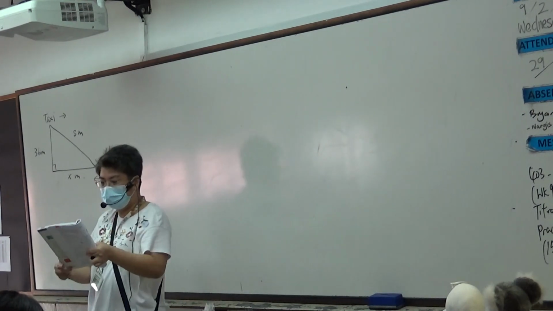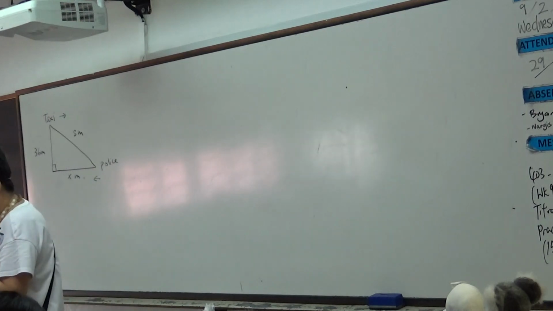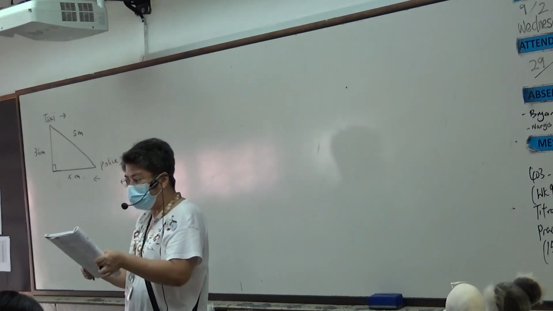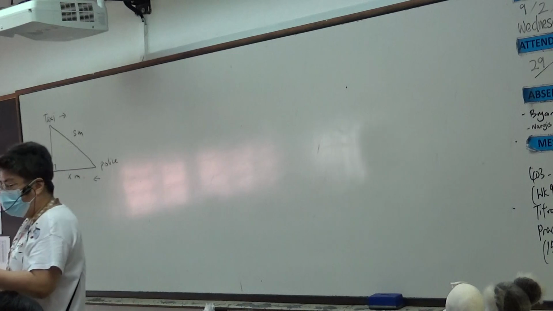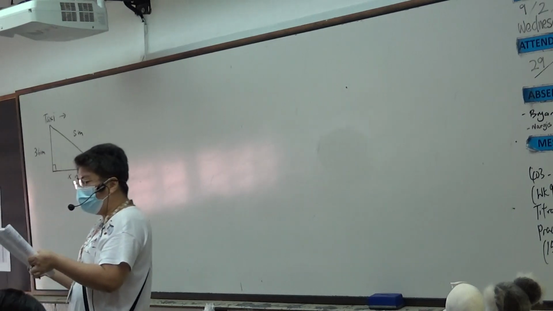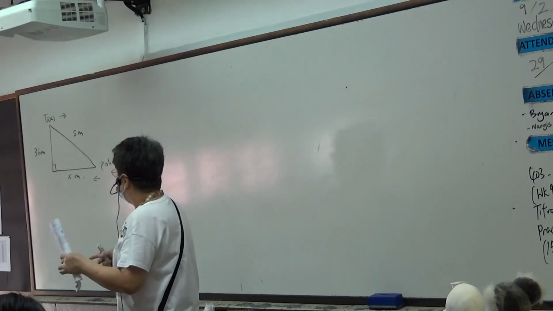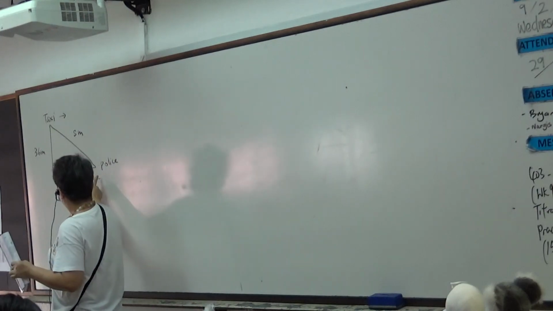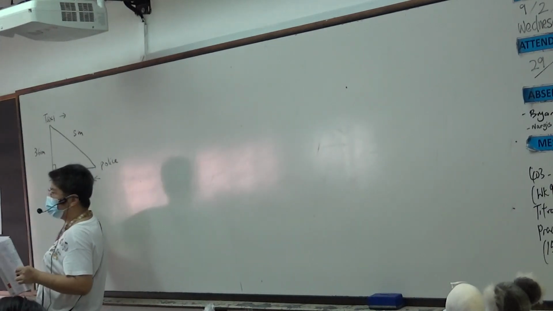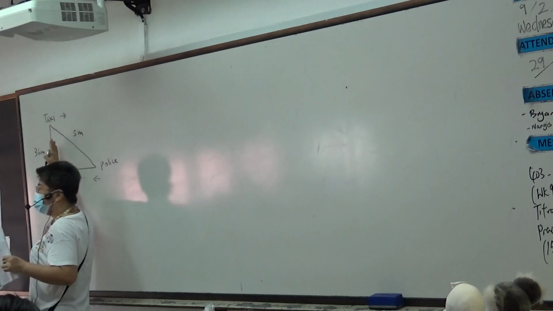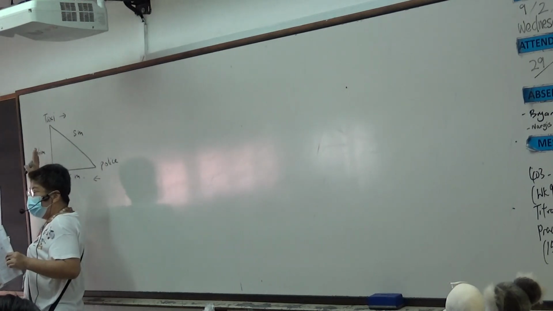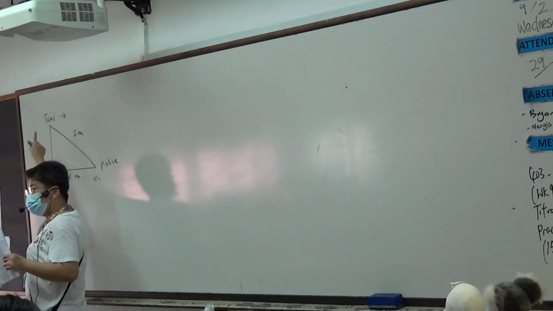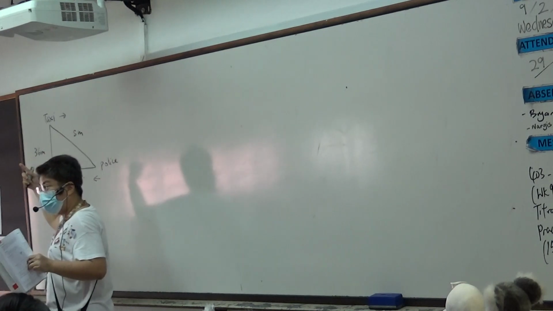Clear? Okay? Now, if s is decreasing at a rate of 40 meters per second, can you see that as the police move closer and closer, this s will decrease. Do you agree that the shortest distance is the perpendicular distance? This is what we learned in Sec 3 time.